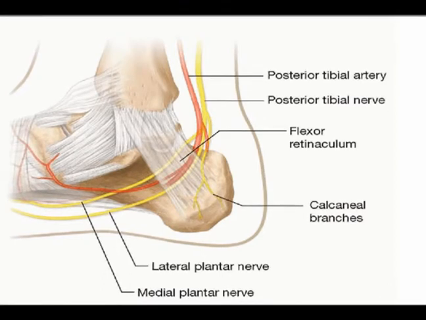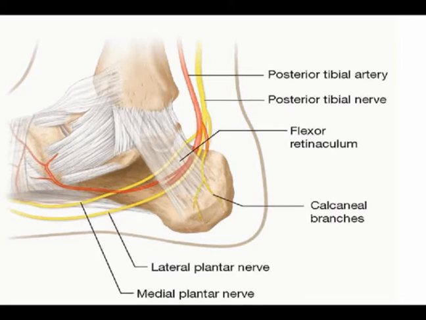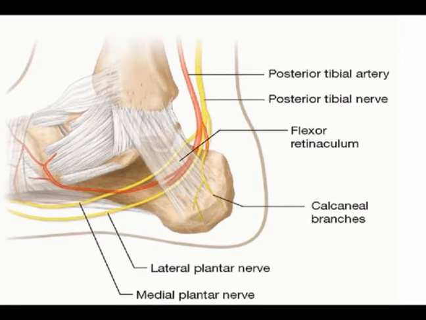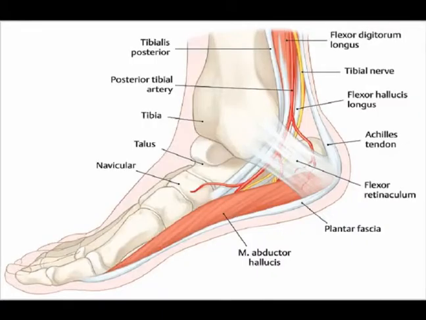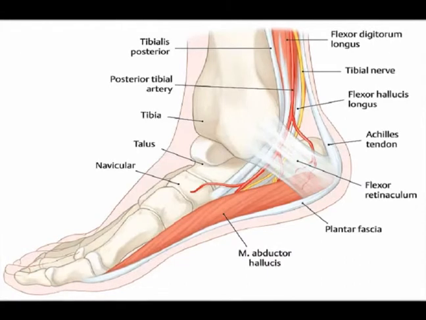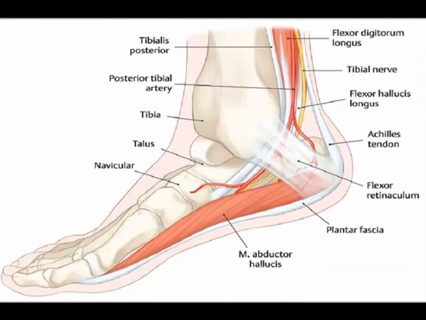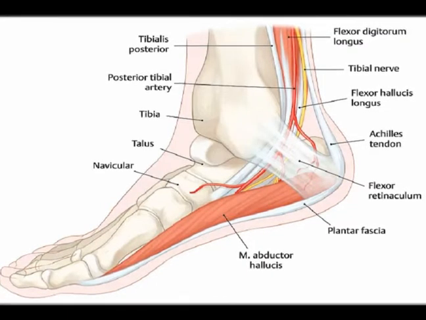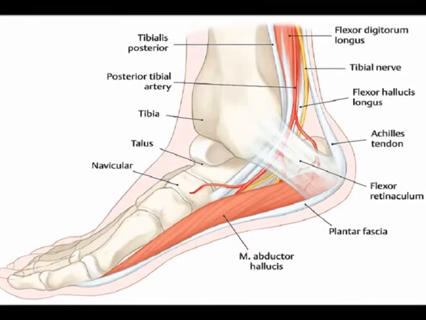So the symptoms in tarsal tunnel syndrome are on the inside part of the foot or on the inside part of the bottom of the foot. The reason this condition is called tarsal tunnel syndrome is because the posterior tibial nerve travels through the tarsal tunnel when it is underneath the flexor retinaculum, and that is where the impingement occurs.